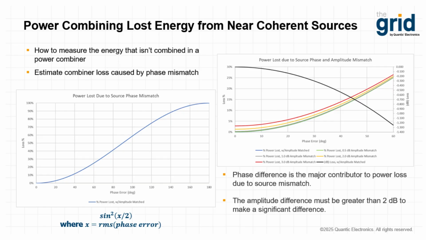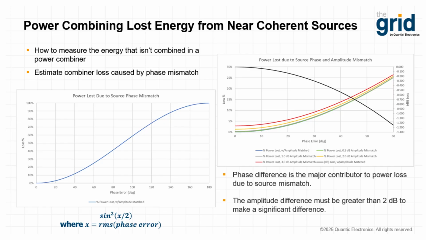If the phase error between the two signals we're trying to combine is less than 20 degrees or so, there's very little percentage power loss. However, as that phase error gets greater and greater, at 90 degrees we're losing half the power, and at 180 degrees we are losing all the power.